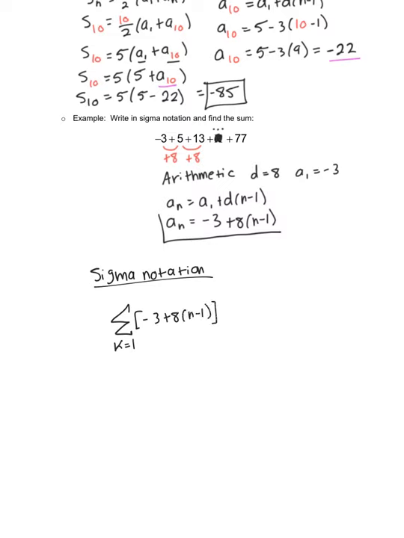The piece of information that's missing here is the ending index. I don't know how many times that we're going to be adding this sequence together. I need to figure out what that is.